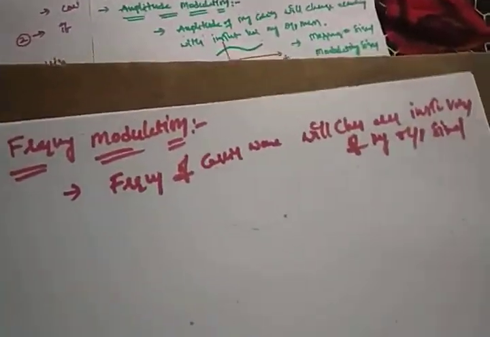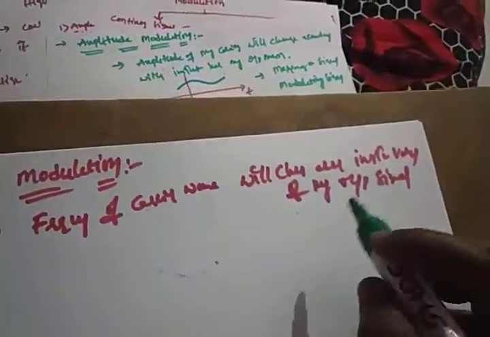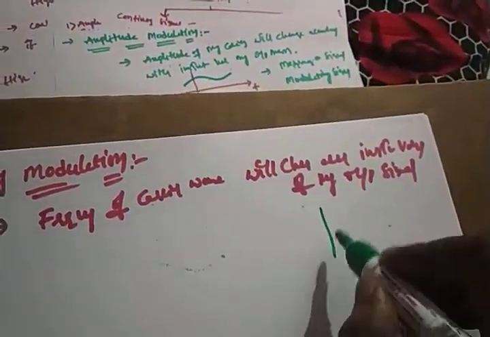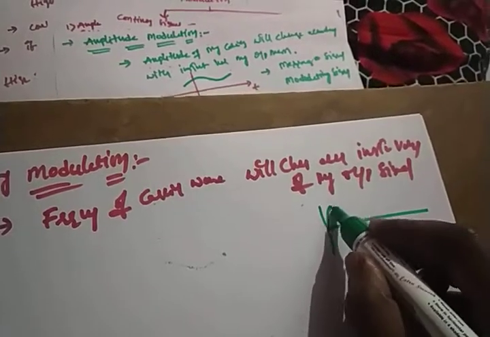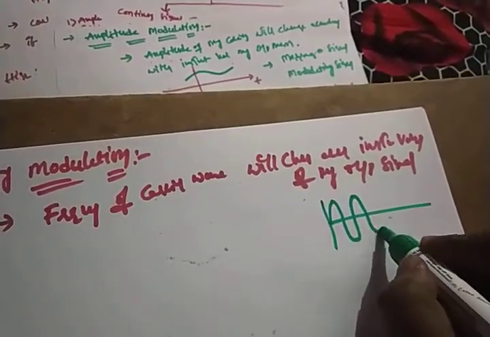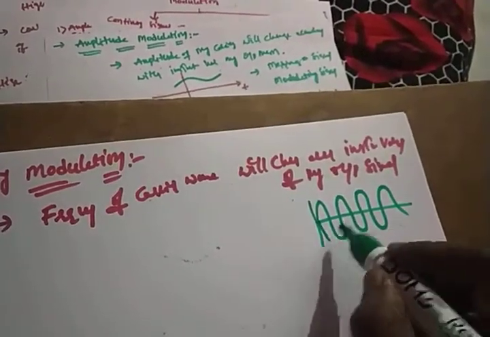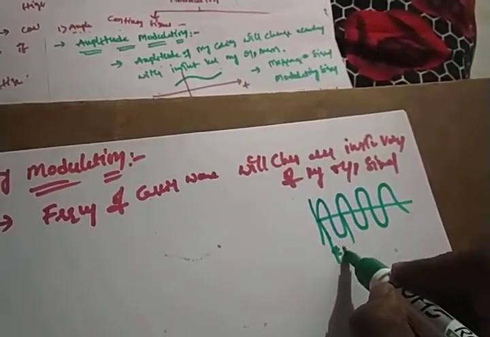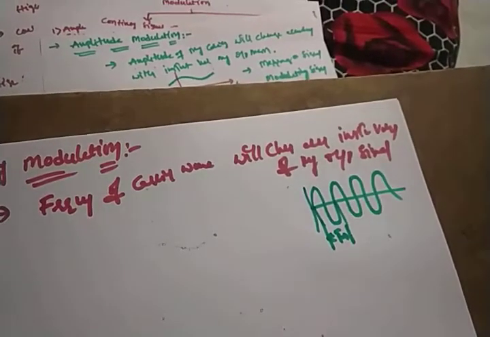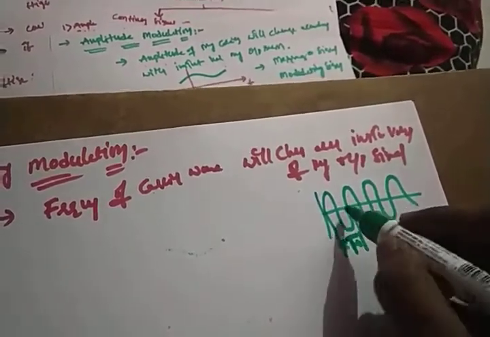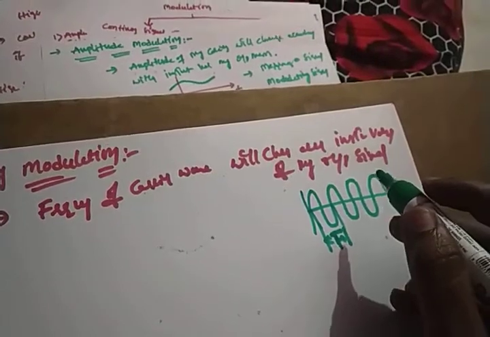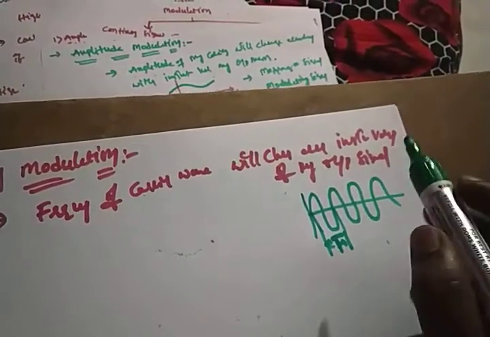So first of all, you should know what is a frequency. Suppose you have a wave like this. This is one cycle, so we can call it a time period. This cycle is going to be repeated. You already studied about periodic signals.